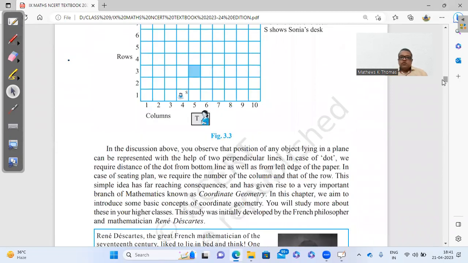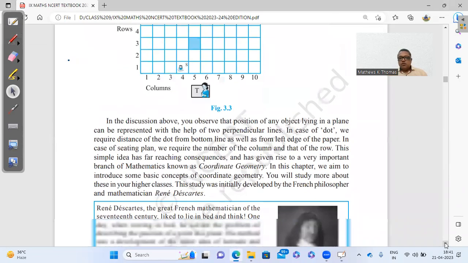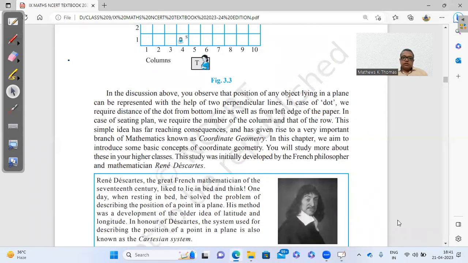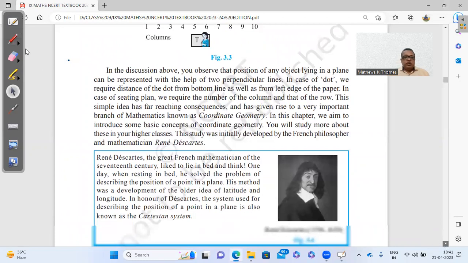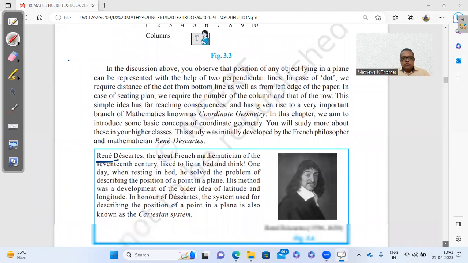The first thing that we have to understand is that this coordinate system was given by a French mathematician by the name of René Descartes. The French mathematician name is René Descartes, right? He got the idea of making this coordinate system when he saw a spider's web.